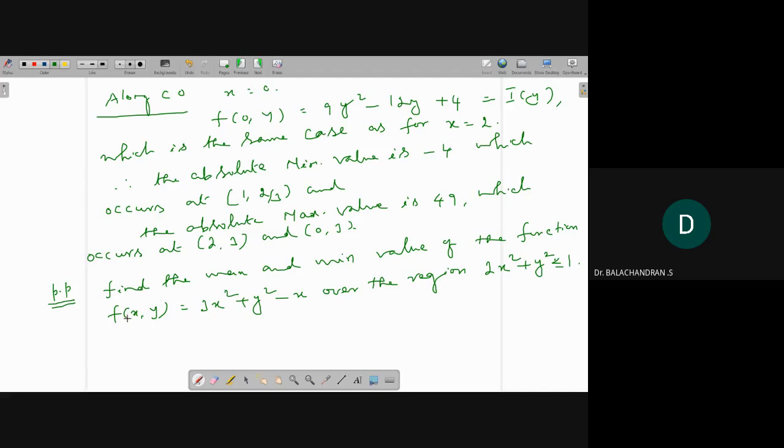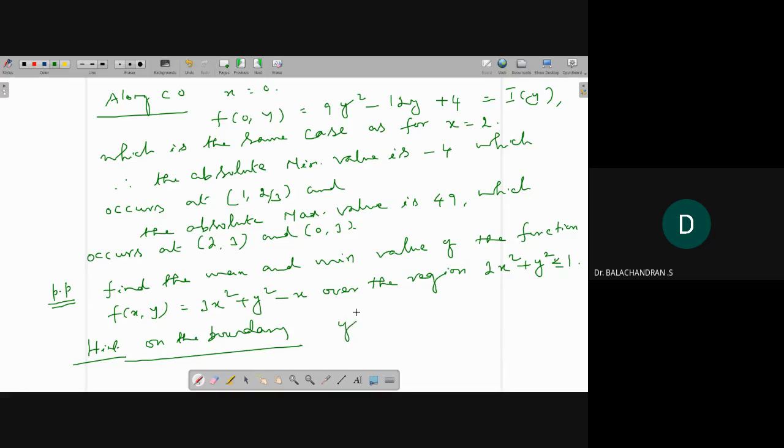So as usual, you should find fx and fy, all the partial derivatives, find the critical point and check whether the critical point is a maximum or minimum point. And then, on the boundary, you need to check it.